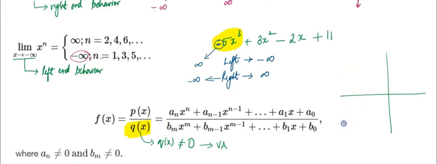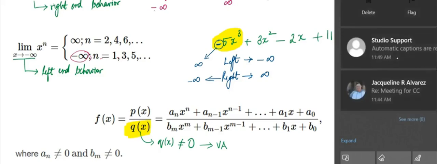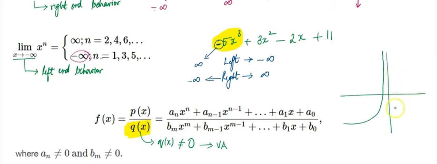Your graph could behave like this on this side of the asymptote, and could behave differently on the other side of the vertical asymptote. So we don't know how it's going to behave, because there is a break. Now you no longer have one continuous flow of a graph.